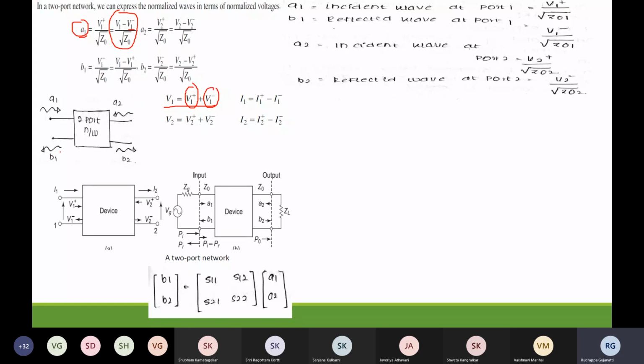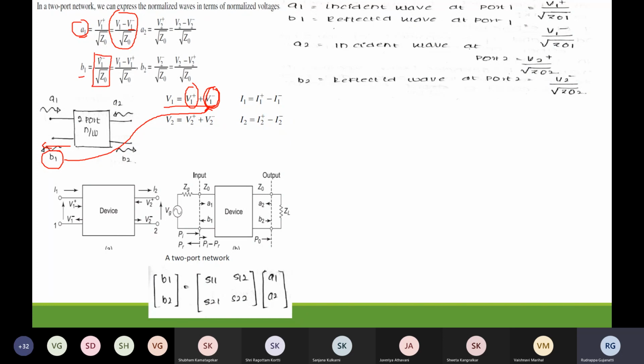Similarly, B1 is associated with the reflected wave amplitude at port 1, so it has to be associated with the reflected voltage at port 1, that is V1 minus. Therefore B1 is equal to V1 minus divided by square root of Z0.